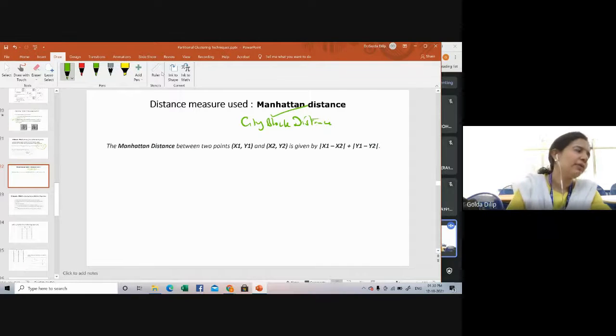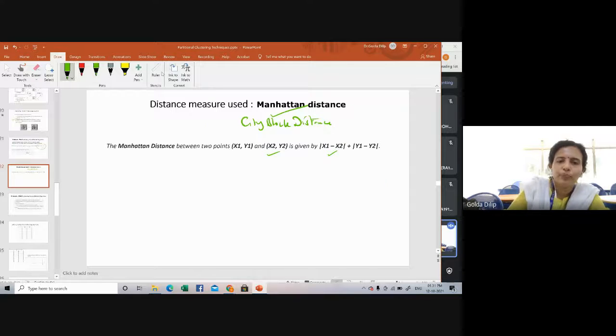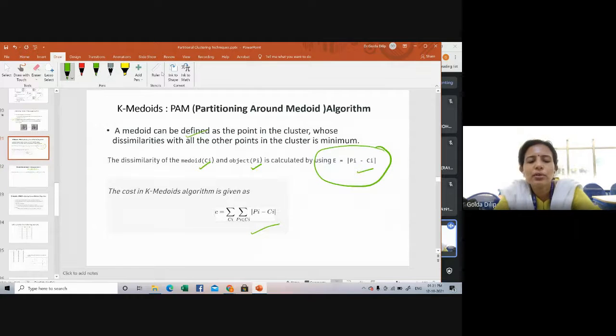There's one more name given for it on the net, I think taxi cab or some name, but it's popularly known as the Manhattan distance. The Manhattan distance between the two points (x1, y1) and (x2, y2) is given by absolute value of x1 minus x2 plus absolute value of y1 minus y2. So the distance measure used is the Manhattan distance.